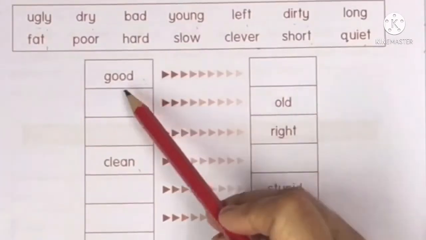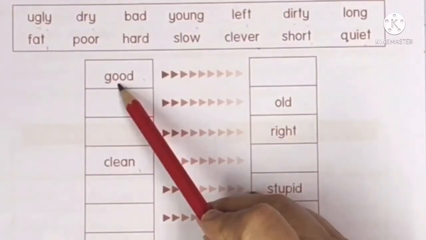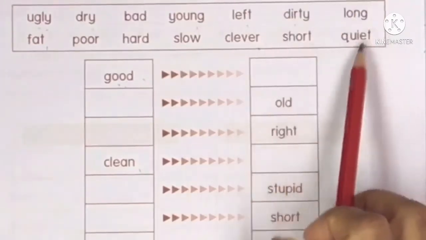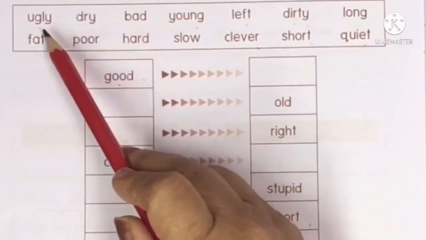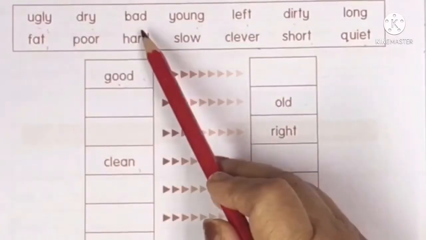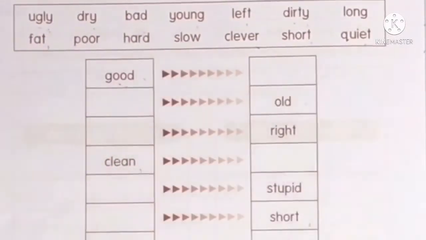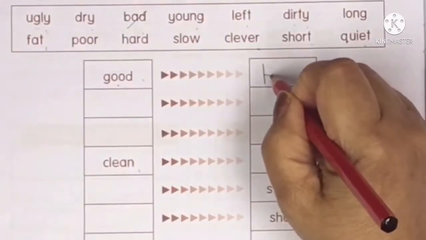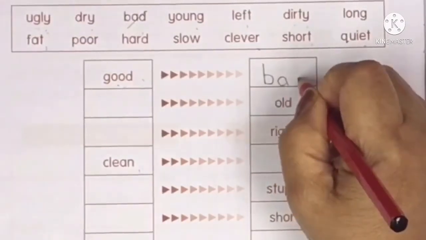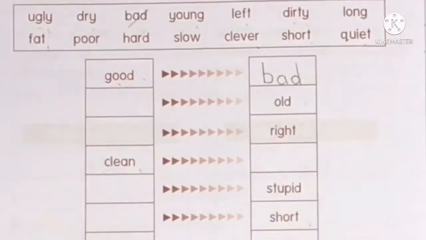Now let's start with the word good. Now, who can tell me what is the opposite of good? Is it ugly or is it bad? Bad. Right, it is bad. So B-A-D, bad.